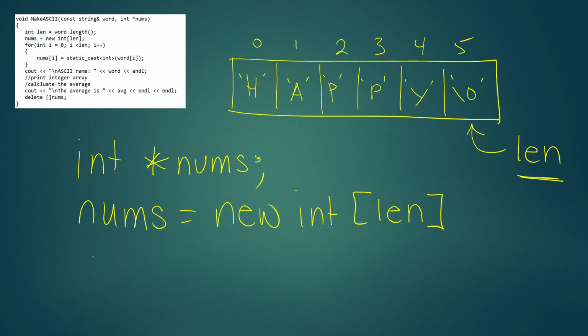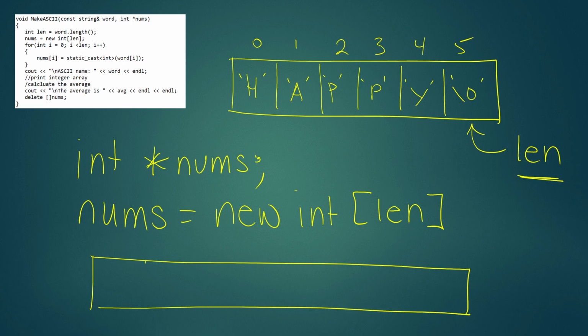So now I've created an integer array that has 0, 1, 2, 3, 4, 5.